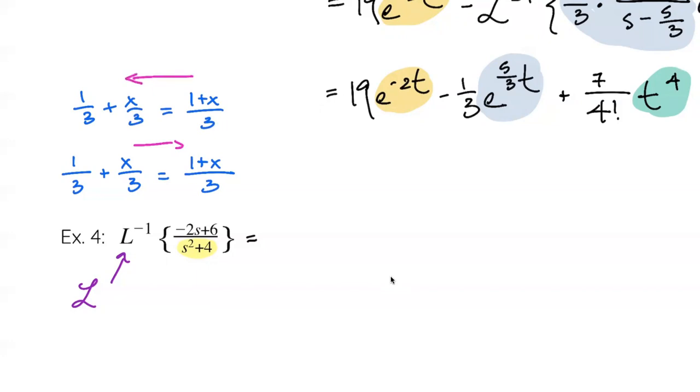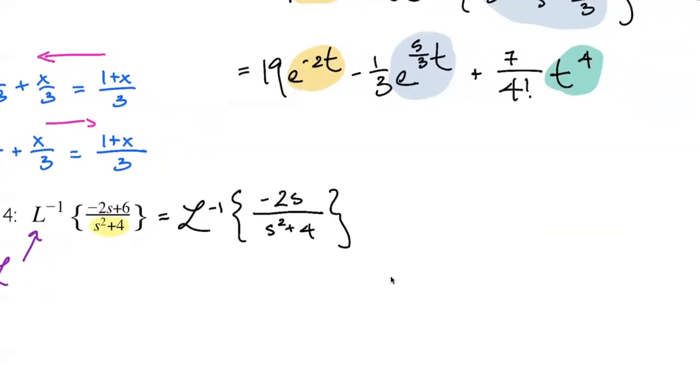And that's exactly the idea we're going to use here for our Laplace transform. All right, so we're going to see that we have the Laplace inverse transform of -2s over s squared plus 4. All right, that's going to be my first fraction, plus the inverse transform of 6 over s squared plus 4.